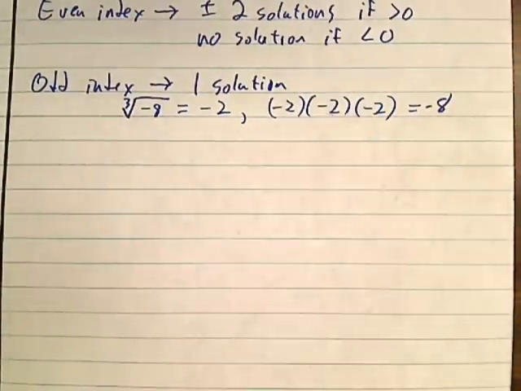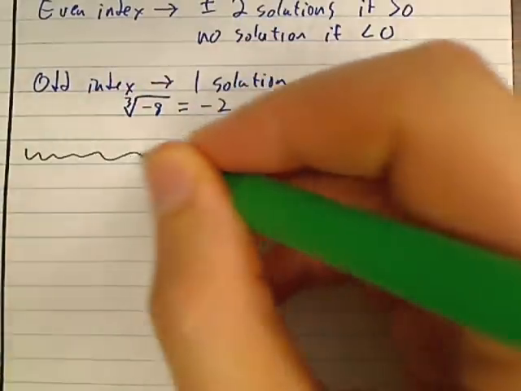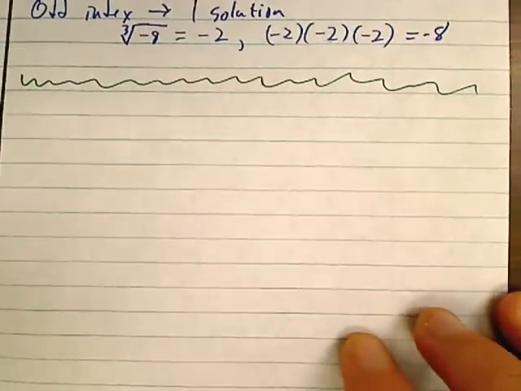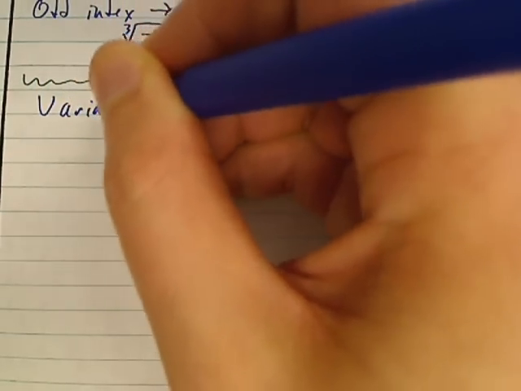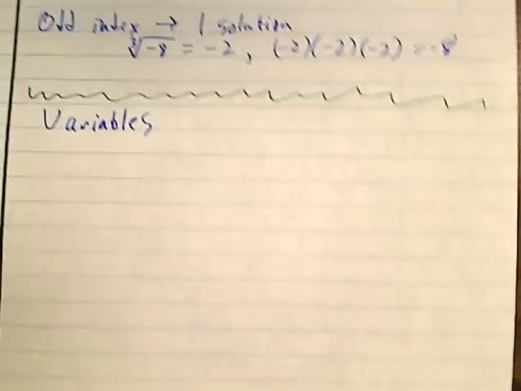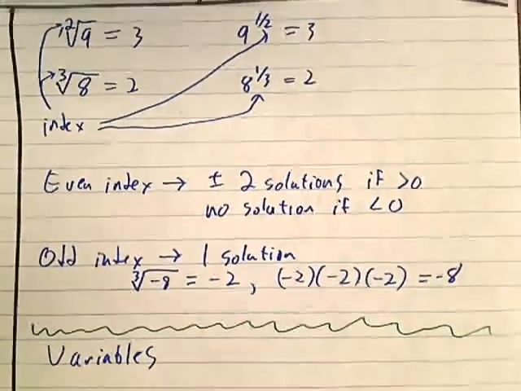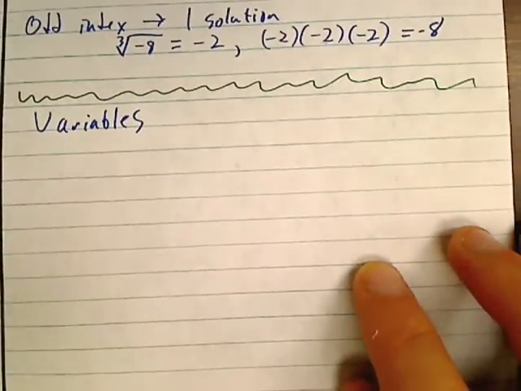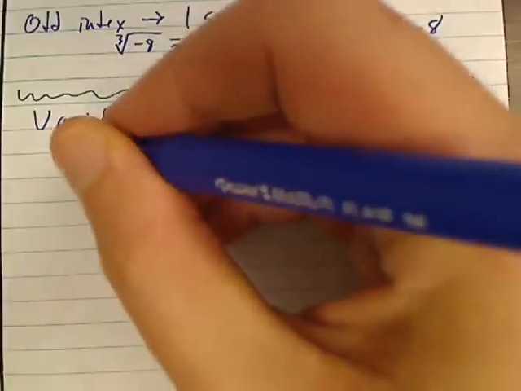Okay, there's one other thing I want to talk about here. That's if we have variables. So mind the green line there. Variables. And I'm going to go back to this idea of this fractional exponent, okay? So with variables, divide the exponent by the index.